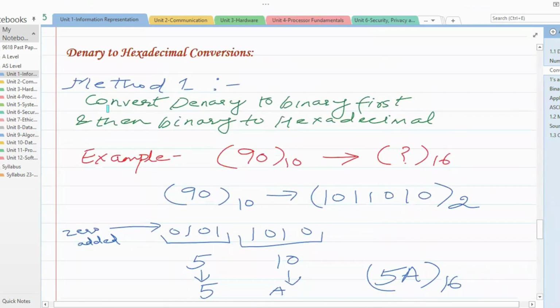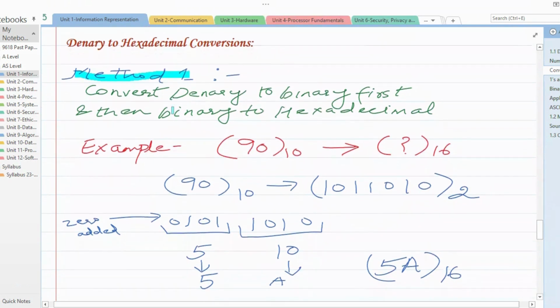Now, our next topic is how we can convert a denary to hexadecimal, right? I'll show you this also using two methods. You can use whichever method you feel comfortable with or find easy.